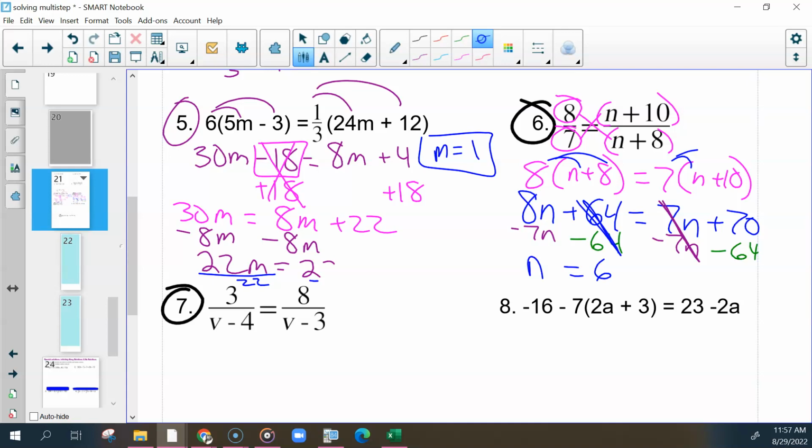Instead of writing 2 separate steps, you're just doing the same thing, but just all together. That definitely helps save space on the paper. In this case, we didn't have to multiply or divide because we only ended up with 1n. We could have divided both sides by 1, but you get the same thing, which is 6. Do you have any questions on 6?